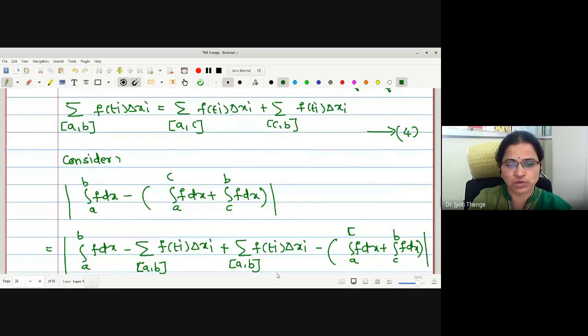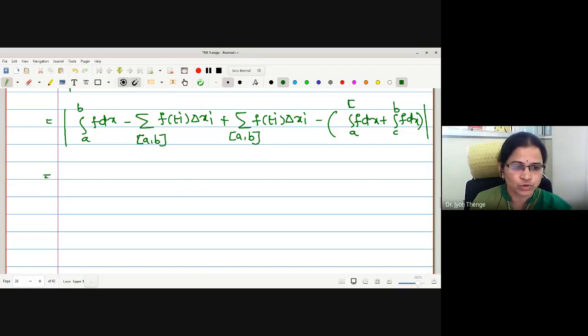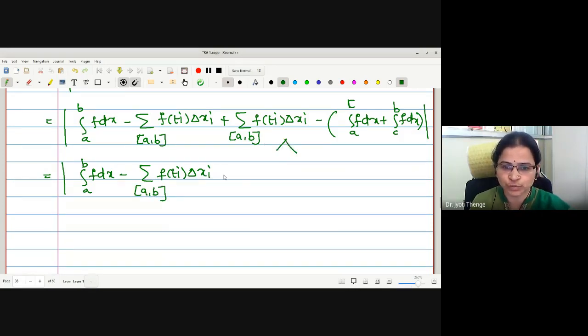By using it, summation on closed interval AB can be written as summation on AC plus summation on CB. Now I am going to write it as integration a to b f dx minus summation f of ti delta xi on AB. Now we are going to divide this into two parts. The first part is the sum on AC f of ti delta xi plus the sum on CB.